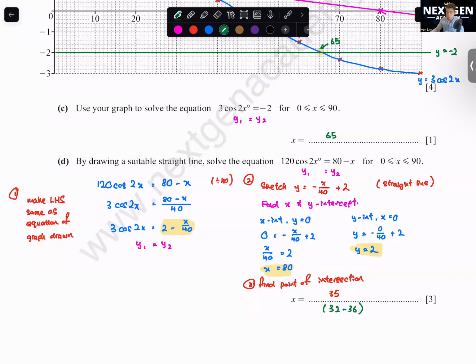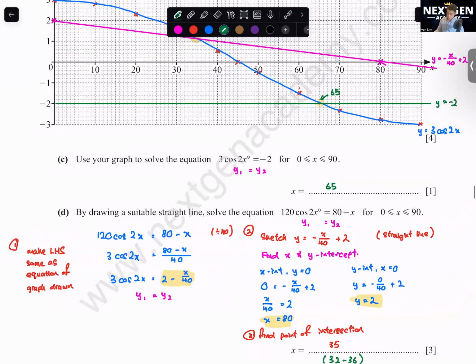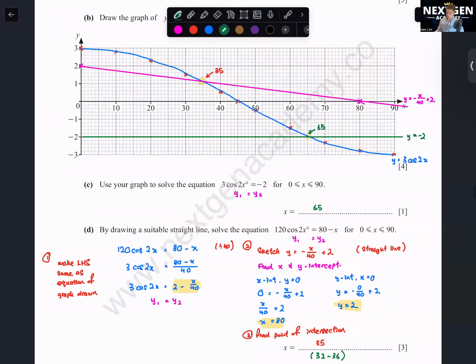Question 7. Graph type of question. This one very often, very high chance will come up for paper 4. And it's always the same format. They ask you to draw it out, go calculate the table. Then after that, there will be one question on something like this.